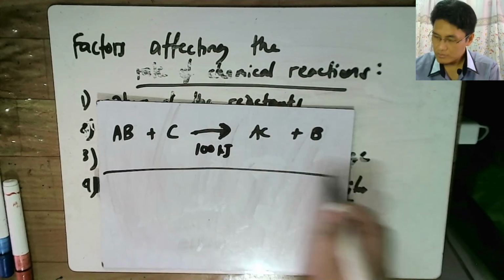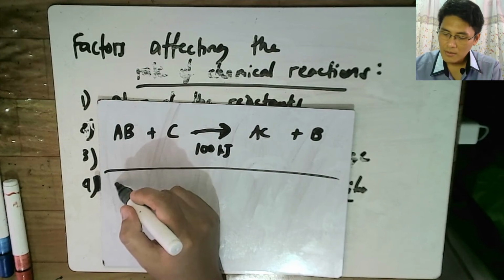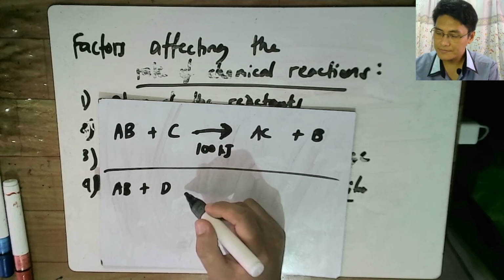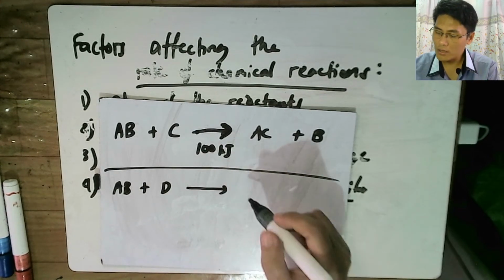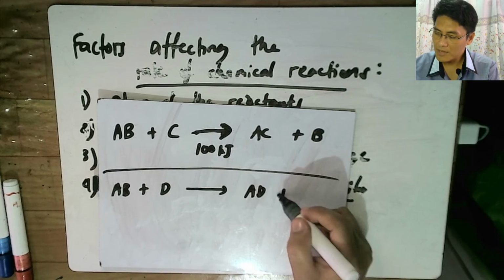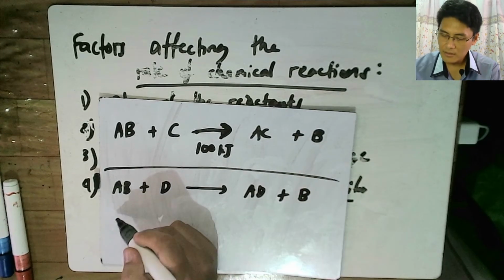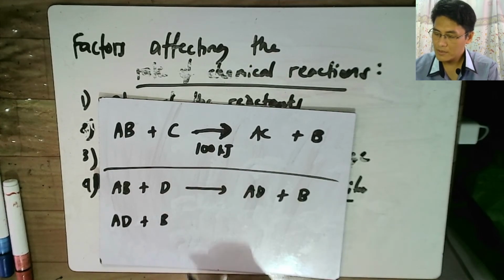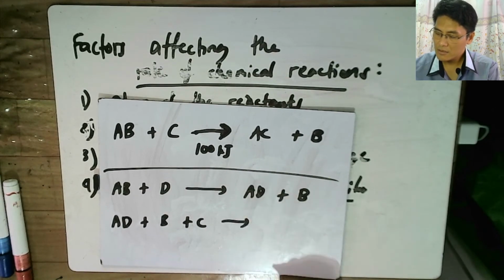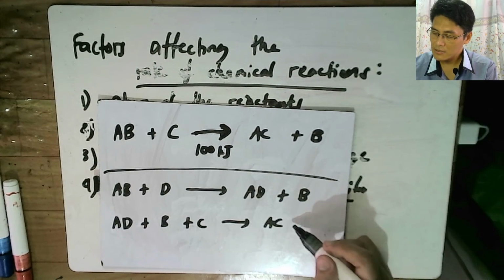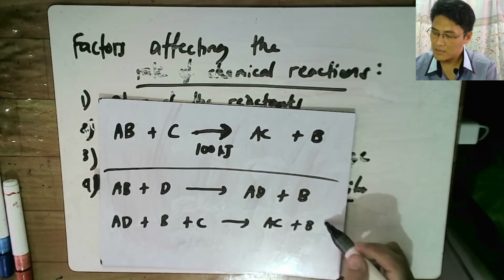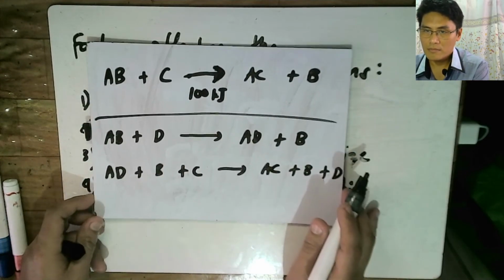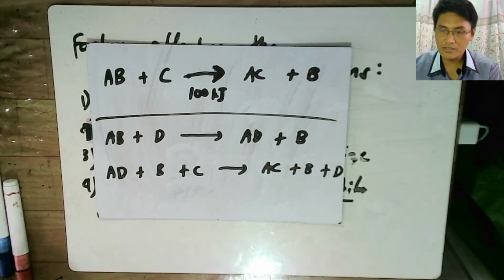But what if AB can react with another element called D to form AD plus B, and then AD can react with C to form AC plus B plus D. So this is the first chemical reaction.